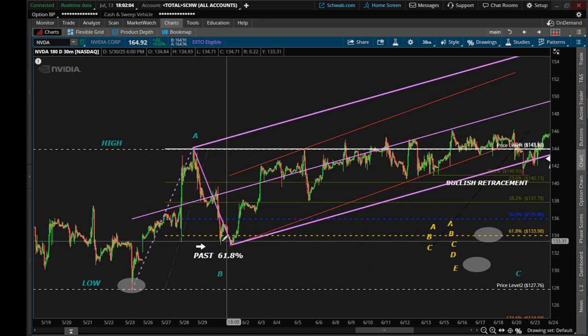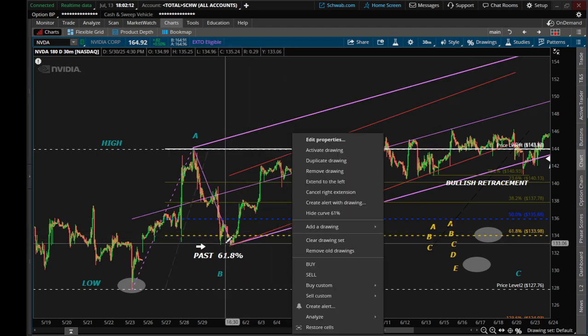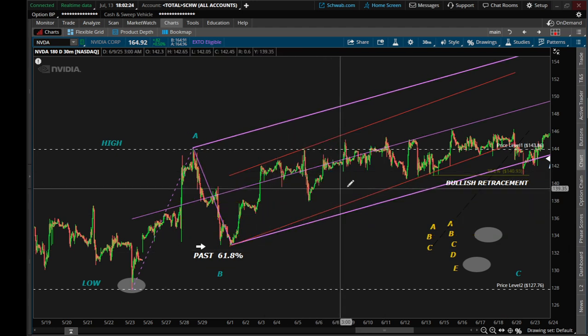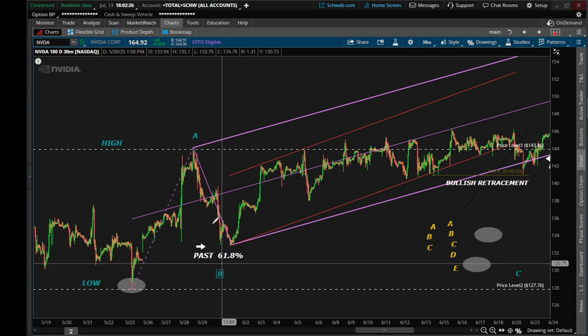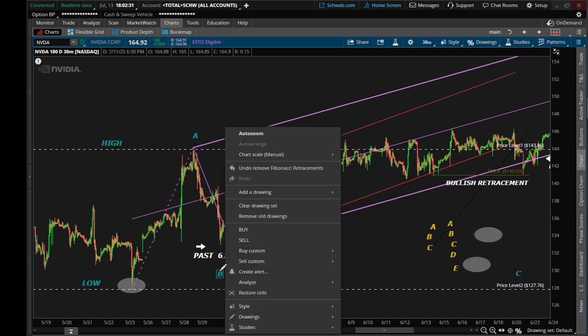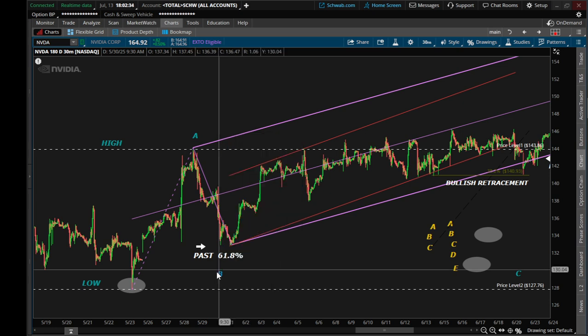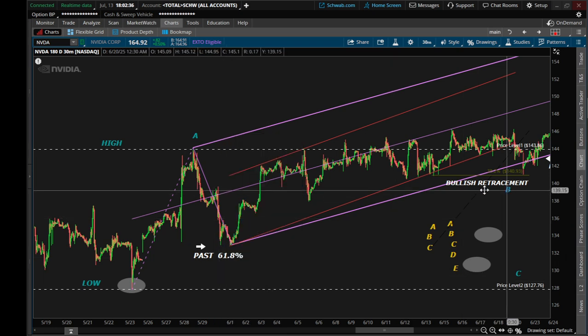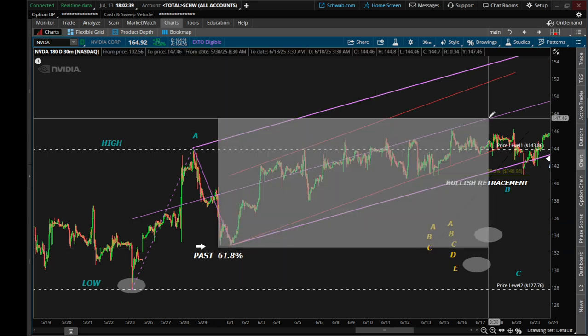But we have at least 2 points here that tell me that maybe we're looking for a triangle pattern. This doesn't mean that it's bearish as such, as more as it tells me that I'm looking for maybe a triangle somewhere. So if that's the case, then this B is not really here. It could be over here, and this could all be some kind of triangle.